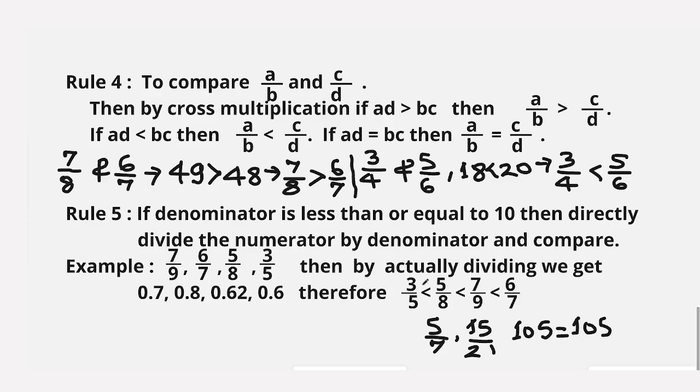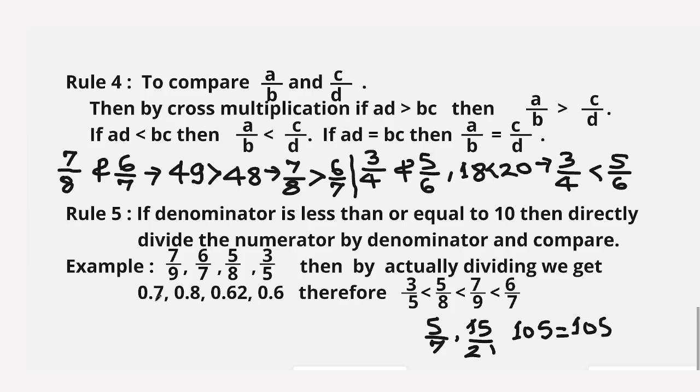Then by actually dividing, we get 7 upon 9. If we divide 7 by 9, we put the decimal and we put 0 with 7, so it becomes 70. 70 when divided by 9, 7 times 9 is 63. So it will be 0.7.